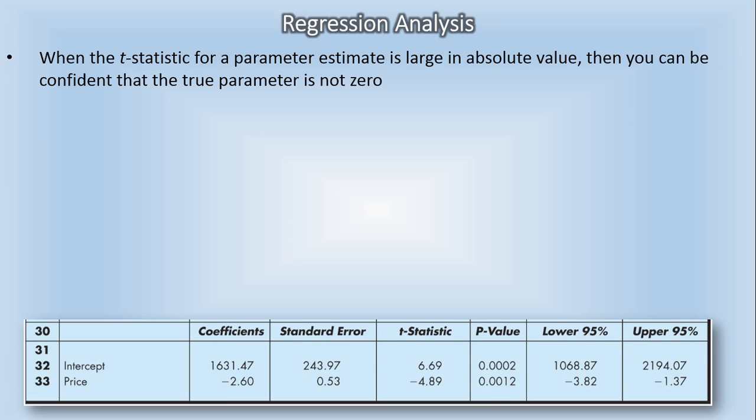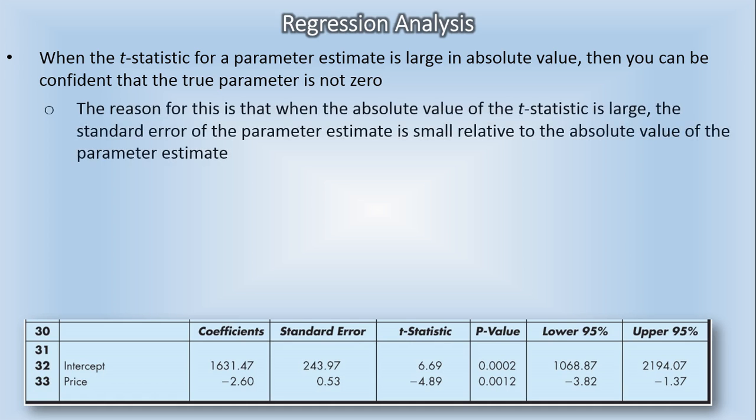All right, so again, if the t-statistic is large enough, then you can be sure that the true parameter is not equal to zero, meaning that there is some impact of that variable on the dependent variable. The reason for this is that when the absolute value of the t-statistic is large, the standard error of the parameter estimate will be small, right? It's the ratio of the estimate to the standard error.